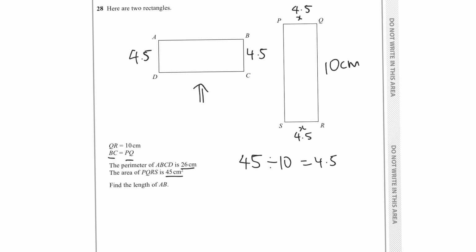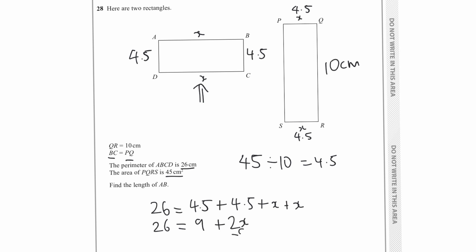And remember, the perimeter of a shape is when you add all the lengths together. So 26 is going to be equal to our 4.5 plus our 4.5, and we could call these x plus x. 4.5 add 4.5 is 9. So it'll be 9 add, and then x plus x is 2x.